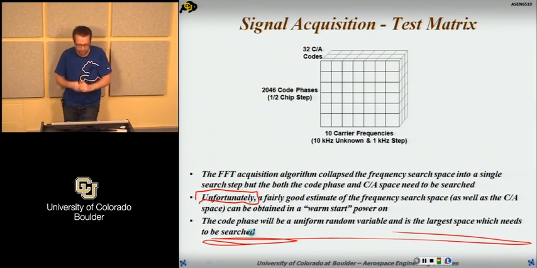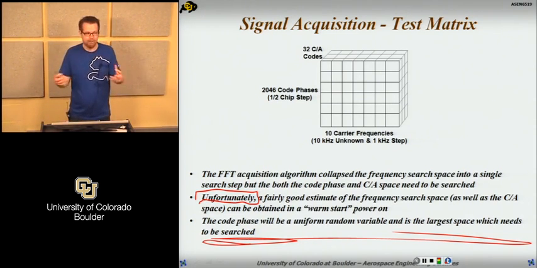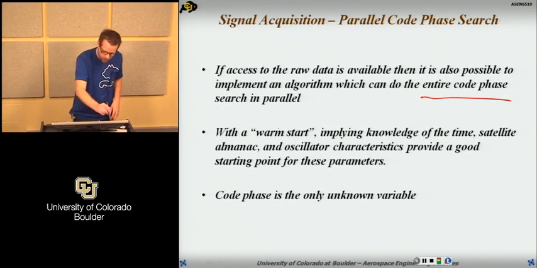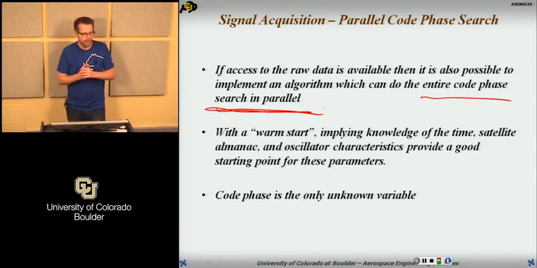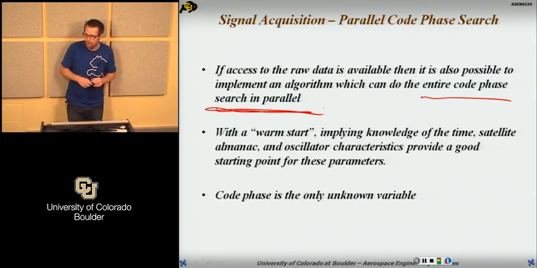I'm not going to try and put down a convolution integral right now. But there is a relation between the convolution and the correlation, which hints at this. We can do the entire code phase search in parallel, and now it gets interesting. Rather than try all these 2046 different values, we can do that in one big test.